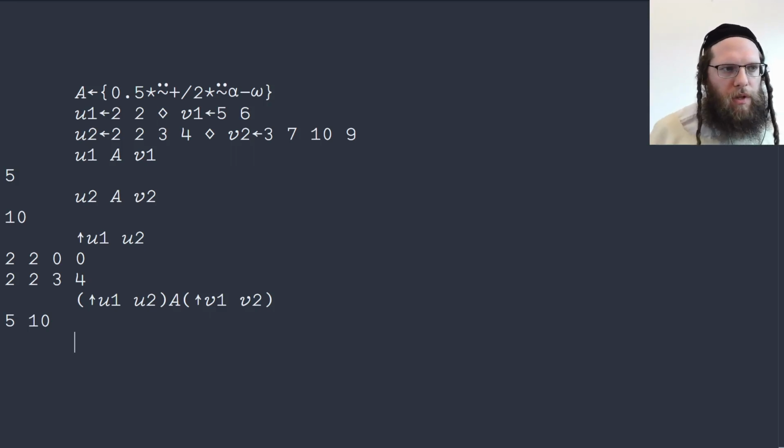Now, here's the thing. We might want to define our function in terms of leading axis. Notice here we have summation along the trailing axis. And indeed, if we try to express this in a tacit form, then we naturally end up there.